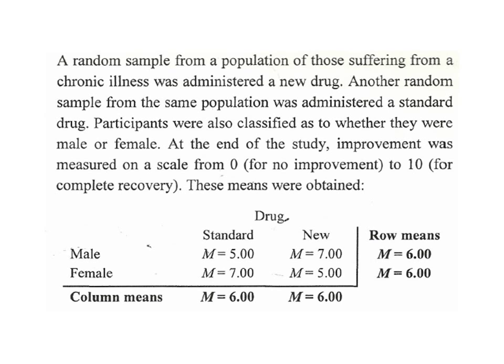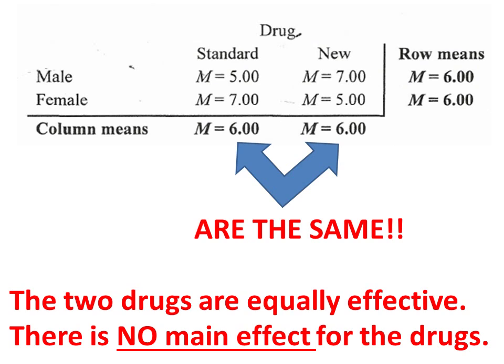And so here again, to say it in statistical terms, we would say there is no main effect for gender. Okay, everybody see that? So here again, let's look at this. These two numbers are the same, right? The two drugs are equally effective. There is no main effect for the drugs.